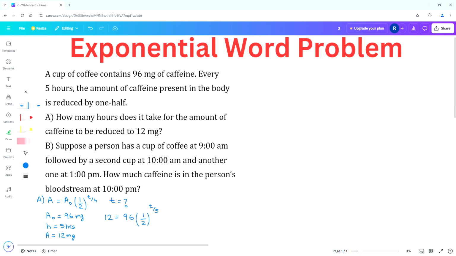We have to solve for T, so we should first get rid of the 96 on the right side of the equation. We should divide both sides of the equation by 96. Twelve over 96 can be reduced to 1 over 8.